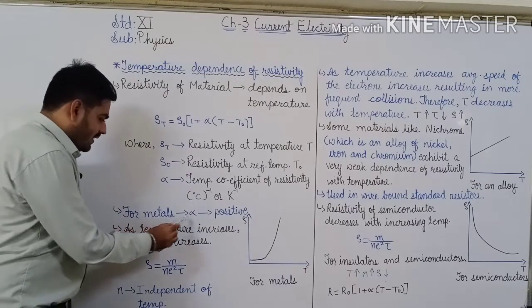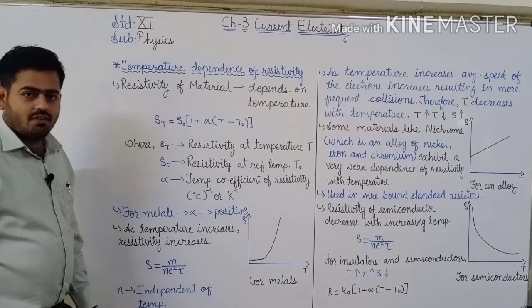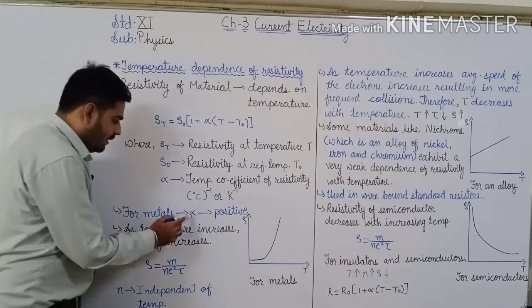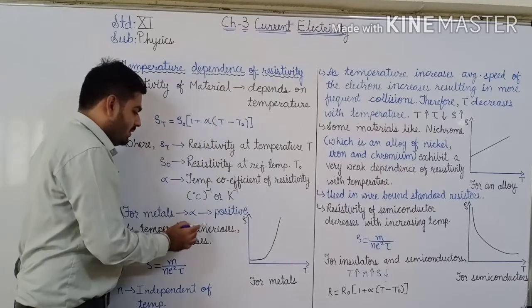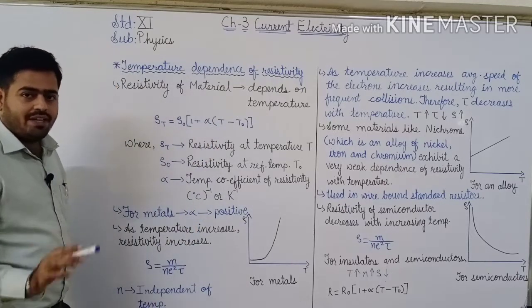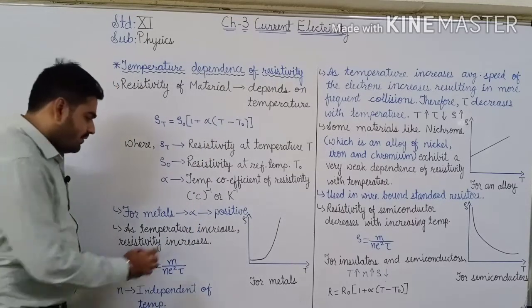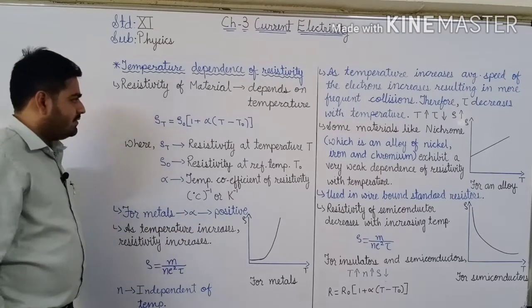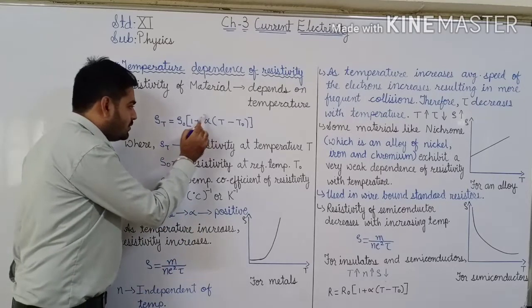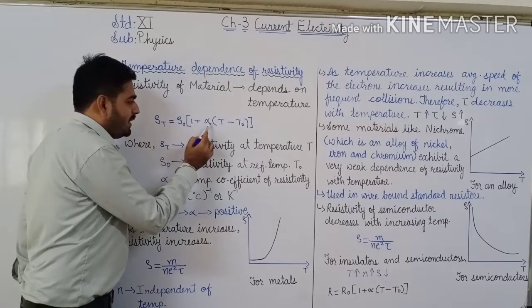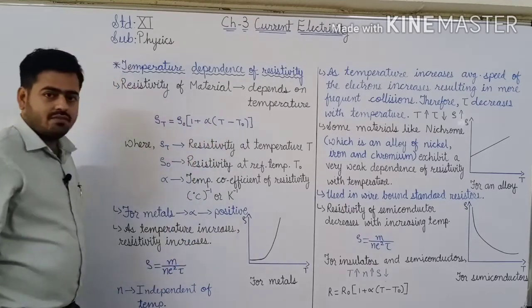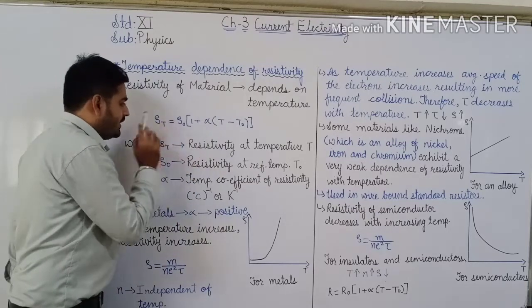For metals, alpha is positive. The value of temperature coefficient will be positive for metals, for good conductors. If the value of alpha is positive, then what will happen? This 1 plus something will be positive.